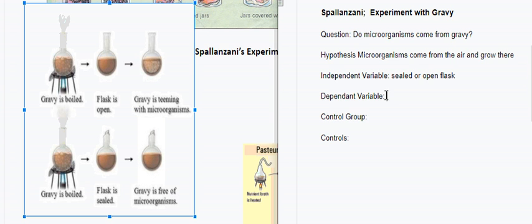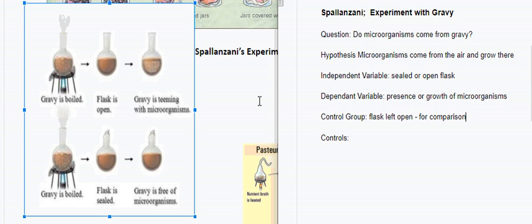What are they looking for as a response? What is the dependent variable? Presence or growth of microorganisms. So in this first setup, which is the control group, flask left open is the control group for comparison.